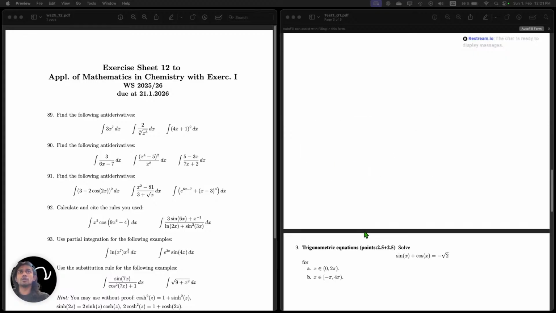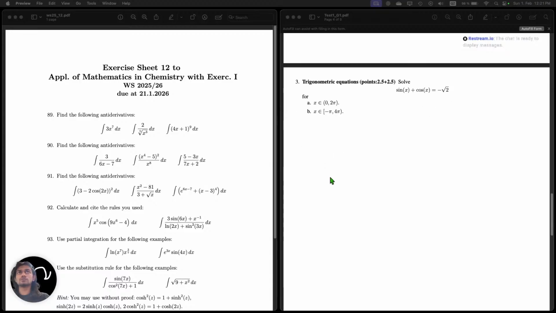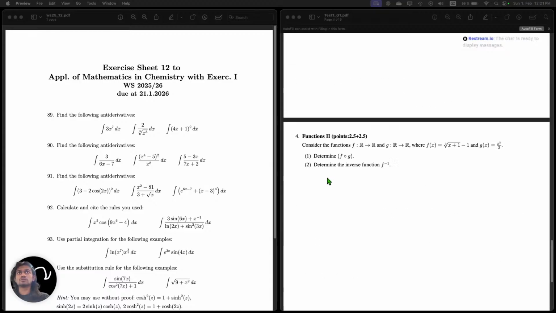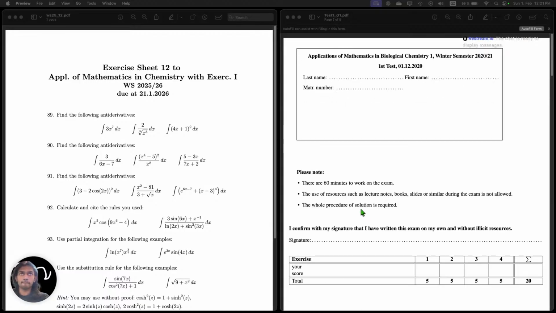So finding the domain. Trigonometric equations. Solve. Consider the function R where G. I forgot what that was. F inverse. Okay, we got inverse. That's basically it for this question paper.